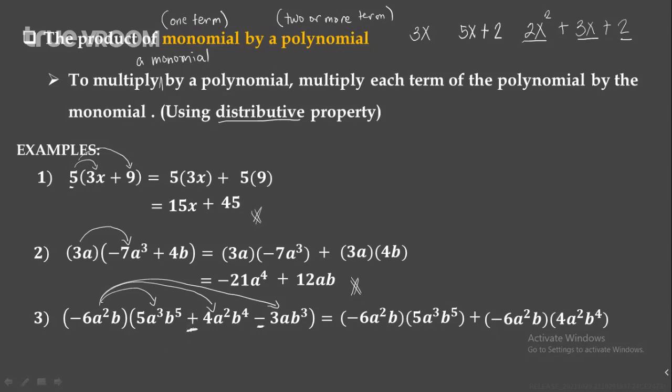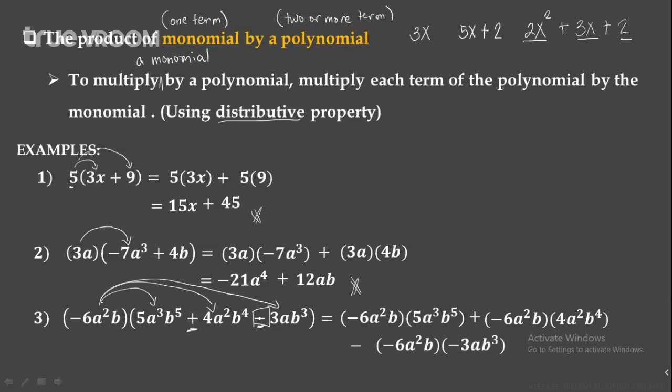Minus. Okay, because this is minus. So minus, multiply again. Negative 6a squared b times what? Times 3ab raised to 3.